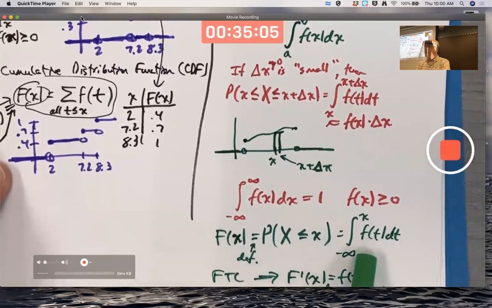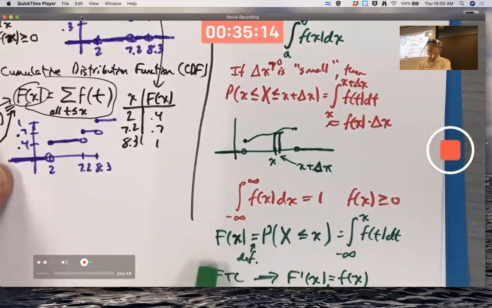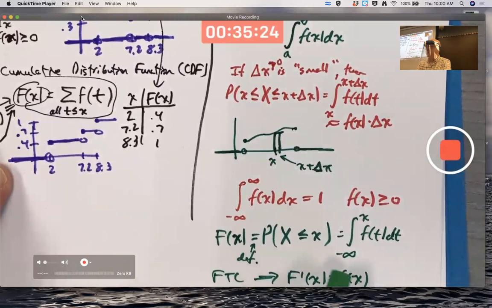Though if little f is not a super nice function, even if it's continuous, you might have to approximate capital F by numerical integration instead of coming up with some formula, because the formula may not exist. It may be what's called a non-elementary function. And that happens, in fact, for example, for the normal distribution.